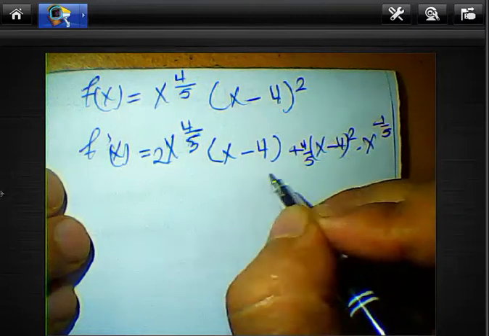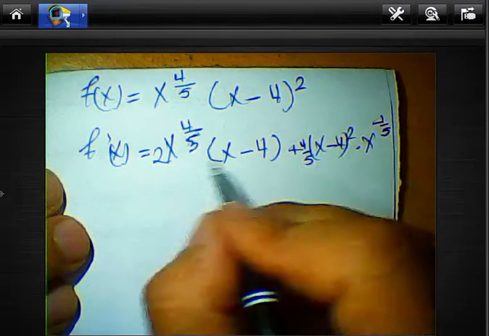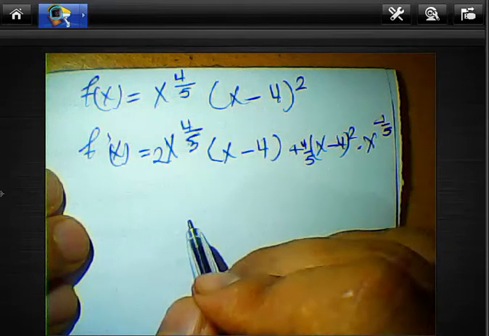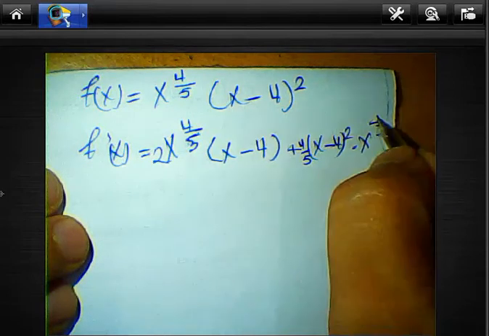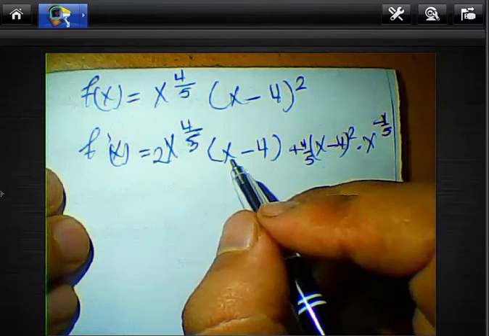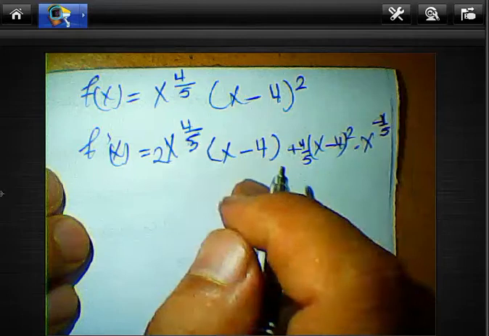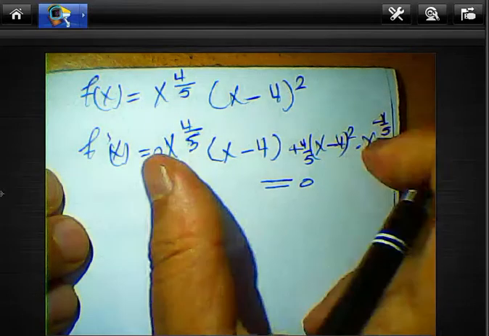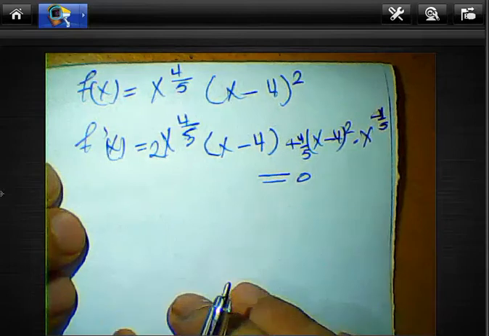Okay, this is the derivative of this function, and then we set this function equal to 0. You can simplify it. We have x power negative 1 over 5, and here x power 4 over 5. You can write this expression, x minus 4, outside here. Is this expression all equal to 0 to find the critical number?